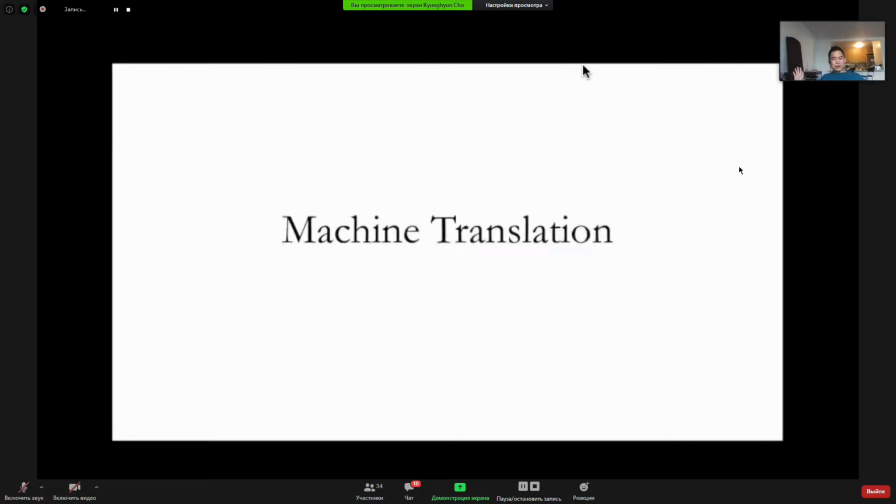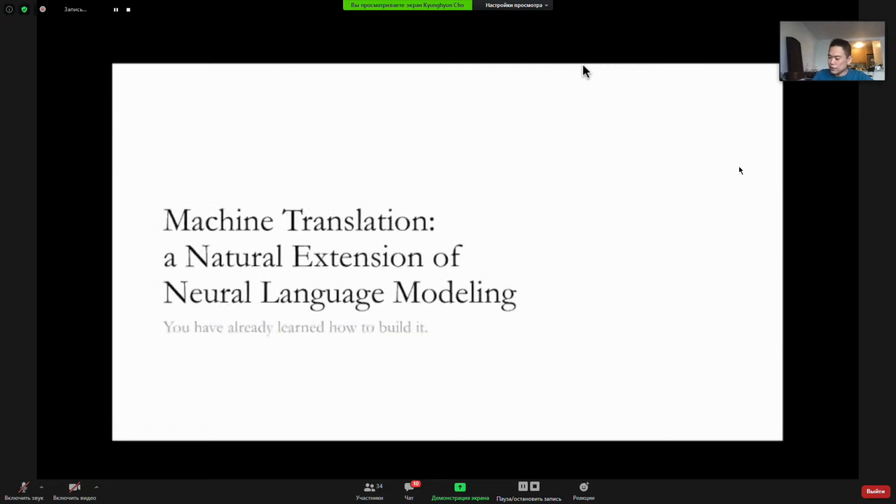So let's go to machine translation, because that's one of the most exciting applications in natural language generation. This is one place where we have learned that having a neural network really does make a difference.